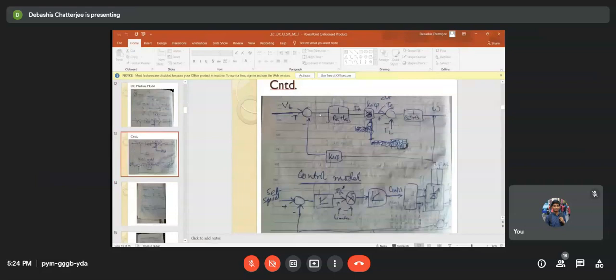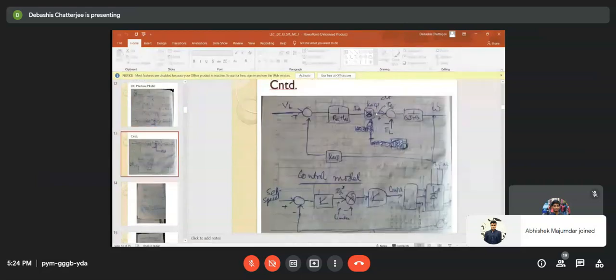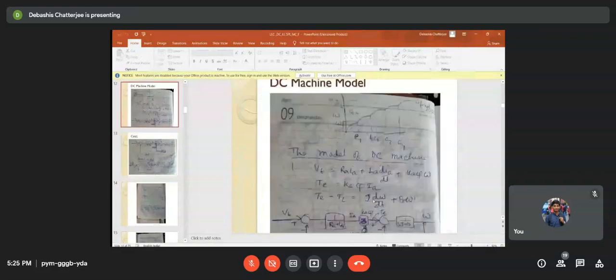So from the previous equation, if you take the Laplace transform, you have Vt minus K phi omega equal to RA IA plus LA into S IA, right? If you take IA common, RA plus S LA. So if you divide by RA plus S LA, you get IA, the current. Now if you multiply with K phi, you get torque, right? And if you take the difference between the electromagnetic torque and load torque, you get the equation: T minus TL is J into S omega plus B omega, all in Laplace.